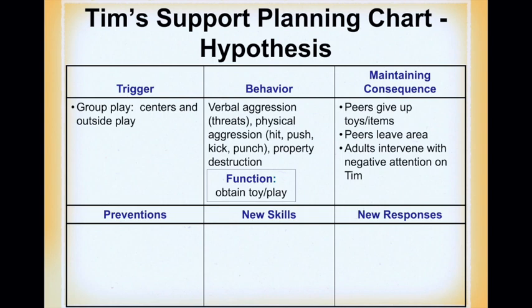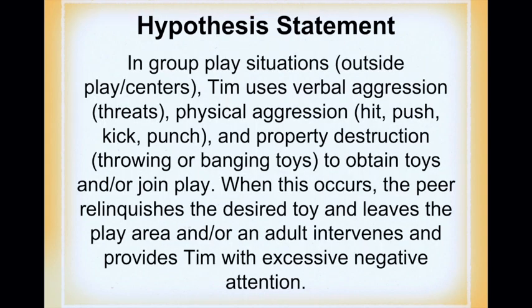And this is simply your theory, your assessment of what is triggering this behavior, what is the behavior, and what's being communicated. So let's look at a hypothesis statement here.